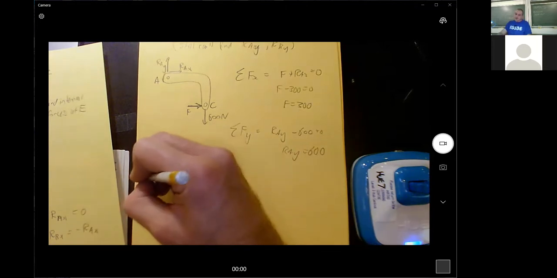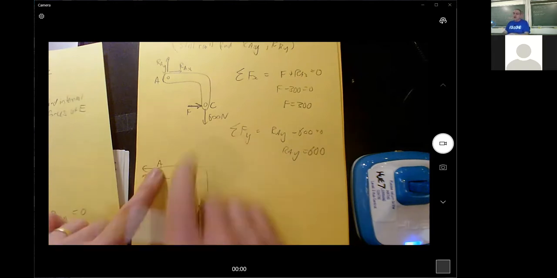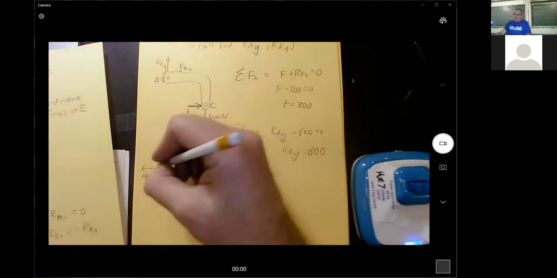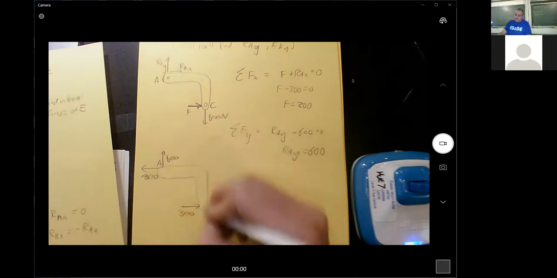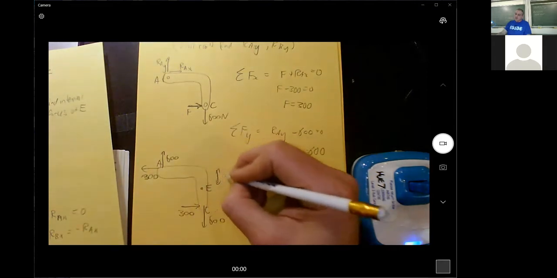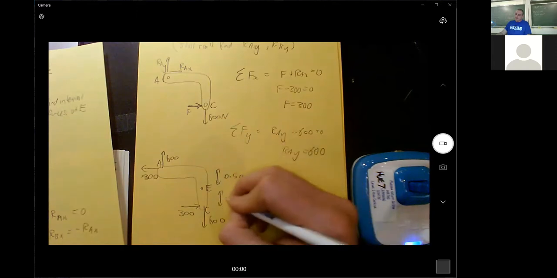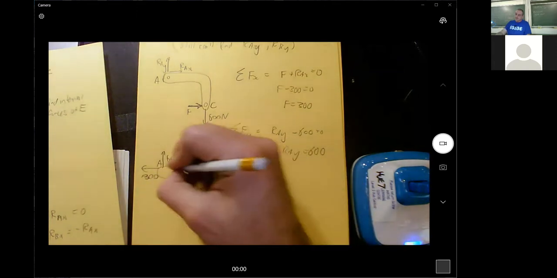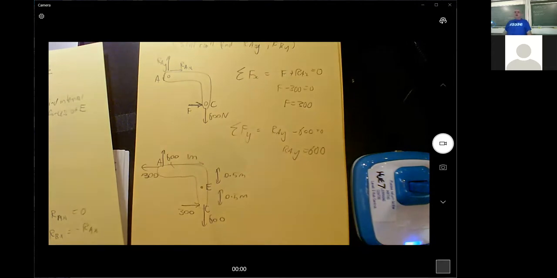This one was 300 this way because it was minus 300. And here's my point E. So I've managed to just pull out one piece of this object and figure out what all the forces are that are going on inside this member of the frame. Is that the right word, member? Is that what they call them?